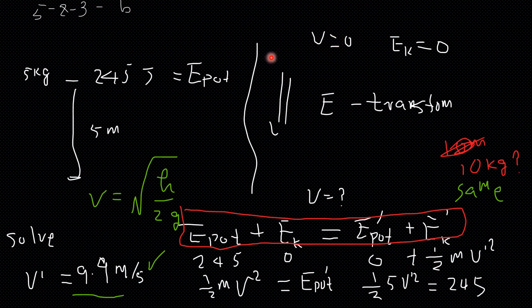Along the process, when it's going down, the kinetic energy continuously increases and the potential energy decreases. In fact, at every interval of time, the increase in kinetic energy will be equal to the decrease of the potential energy. At the very bottom, all that potential energy is released and transformed to kinetic energy.